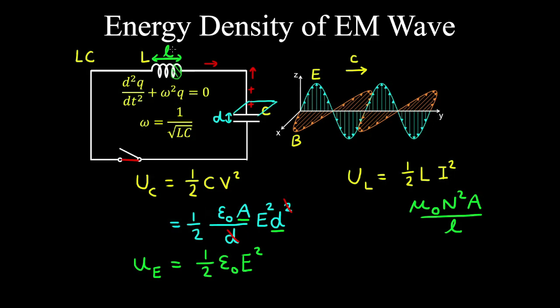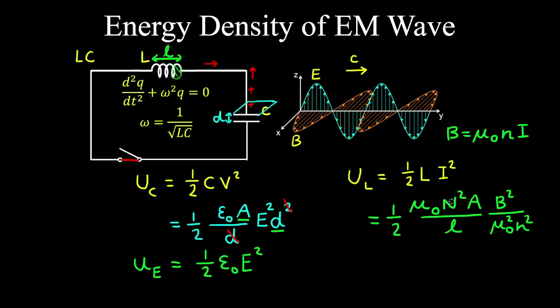And the magnetic field in the solenoid is related to the current by the magnetic permeability and the number of turns per unit length. So therefore we can write the current squared as B squared on mu naught squared by n squared. And then multiply by 1/2 gives the energy stored in the magnetic field of the inductor.